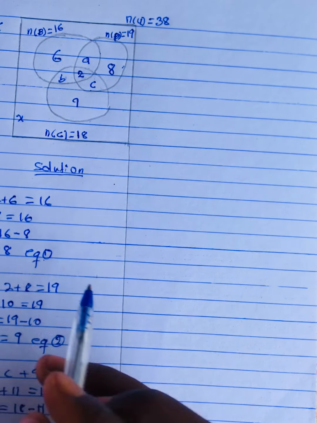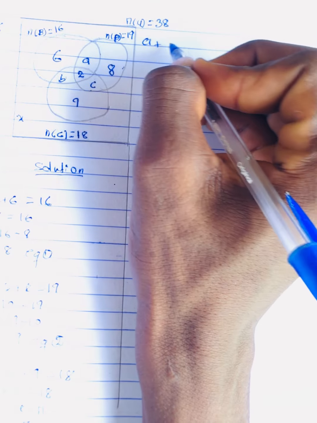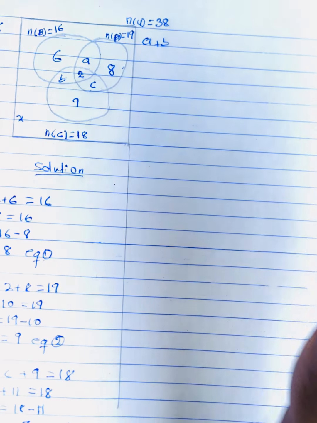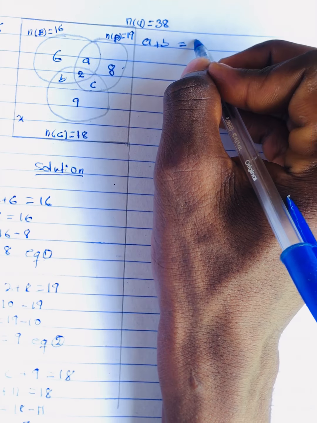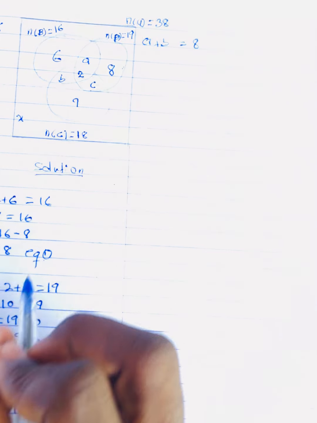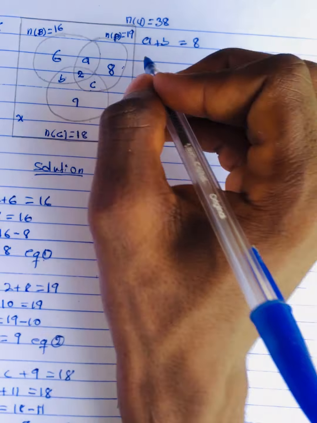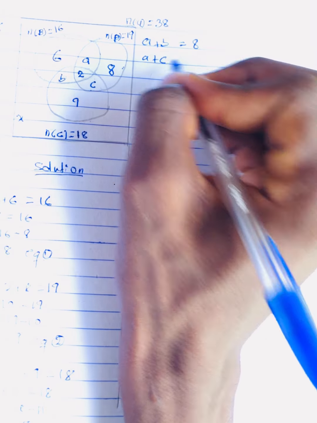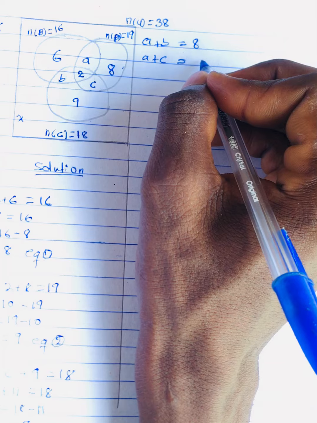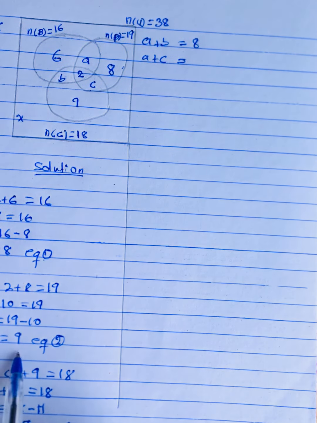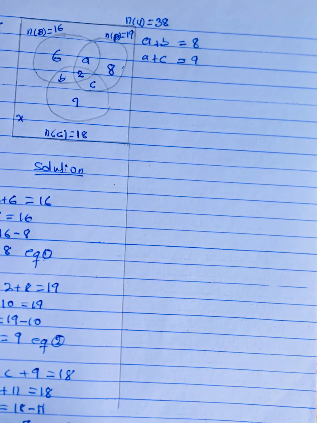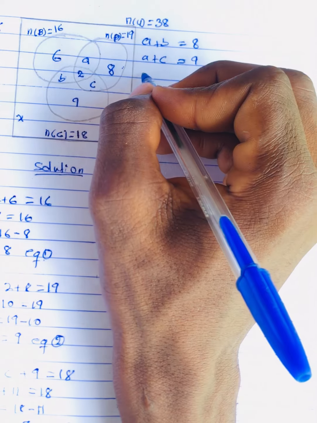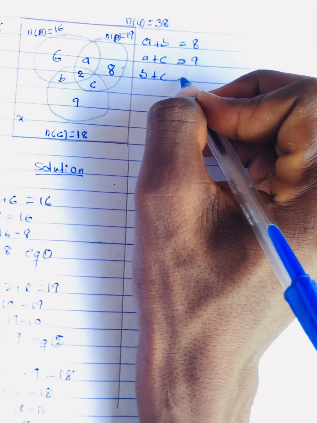Equation 1: A plus B is equal to 8. Equation 2: A plus C is equal to 9. Then we have equation 3: B plus C is equal to 7.